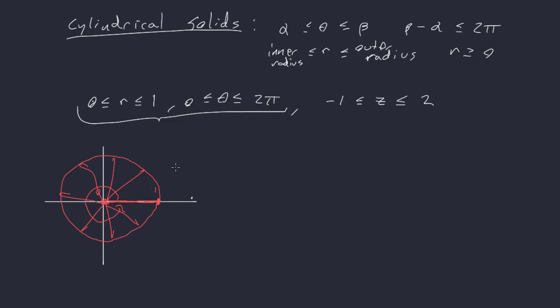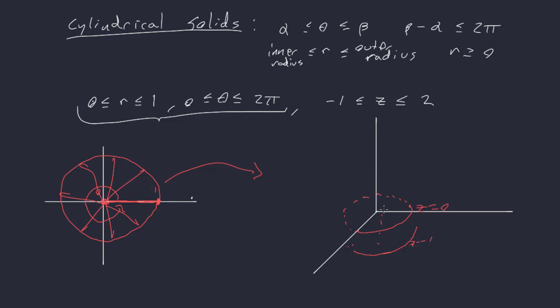Now, how we transfer this into some z's is, we just take this particular circle and let it span from -1 to 2. Say we have this circle here on the xy plane. Here's z equals 0. We just have that at z equals -1 all the way up to z equals 2.